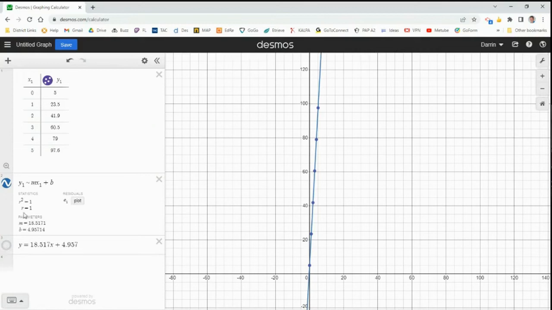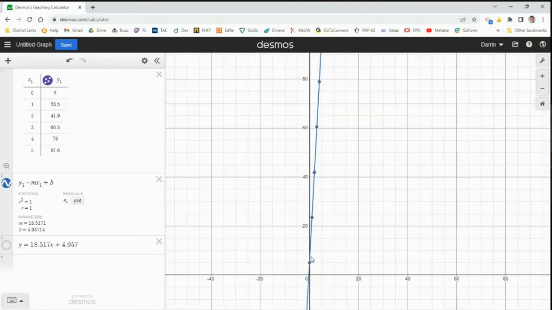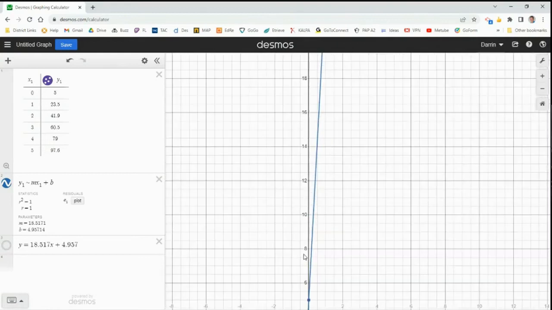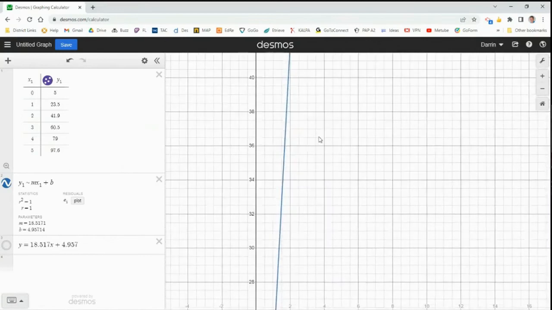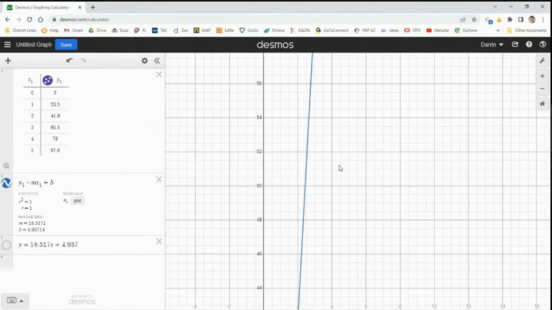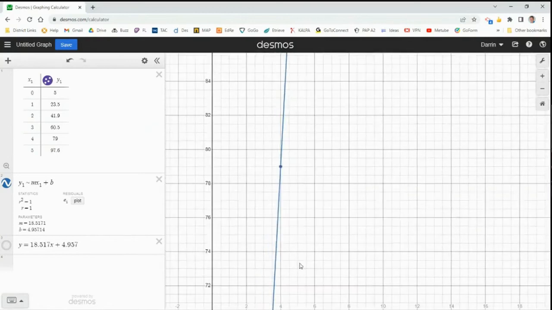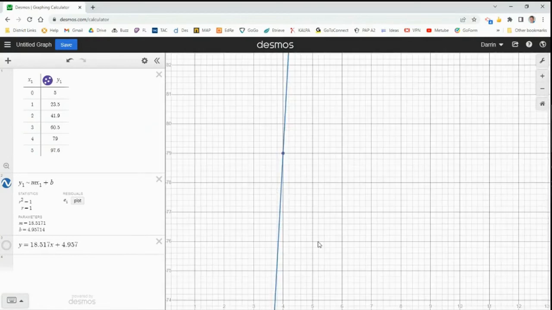Now these R numbers right here for linear R, the closer it is to 1, the more exactly that line will fit. So this one's saying that's pretty exact. If we zoom in on there, those dots are all touching the line. It looks like none of them are off of the line. They're all very, very close to perfectly on the line.